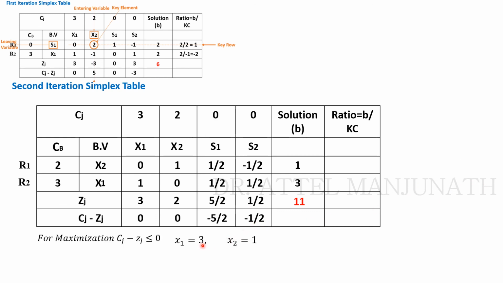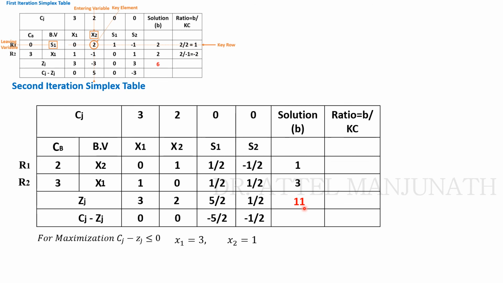Now for the maximization condition, Cj minus Zj should always be less than or equal to 0. Please check the net evaluation row where all the values are 0 or less than 0. Hence the condition has reached optimality, and whatever solution you got in this table, 11, is the optimal solution, that is, maximize Z is equal to 11.